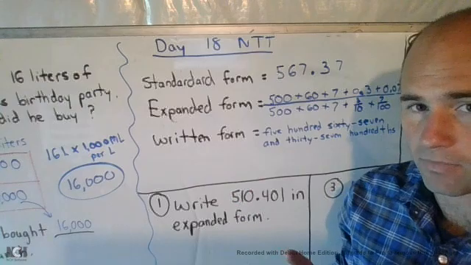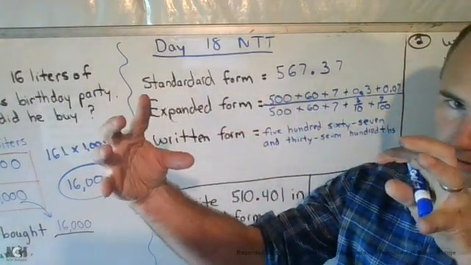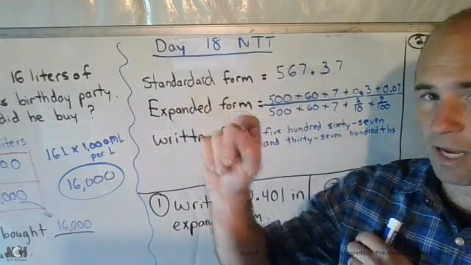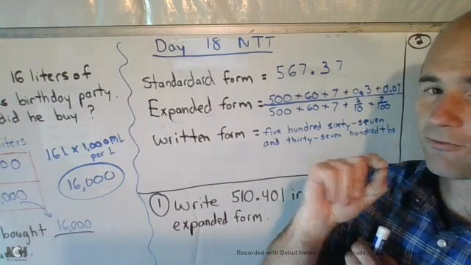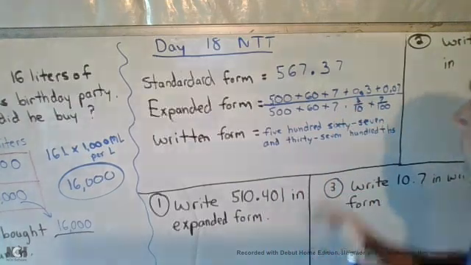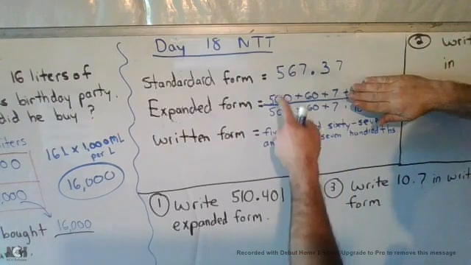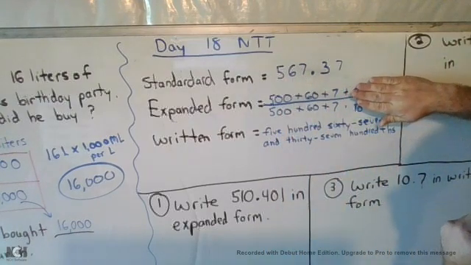Expanded form is going to be written by pulling it apart. And there are two different types. There's writing it as a decimal expanded, which we do in the top one, and then there's writing it as a fraction expanded, which we do in the bottom part. The first three sets of numbers, the hundreds, tens, and ones, are all the same.